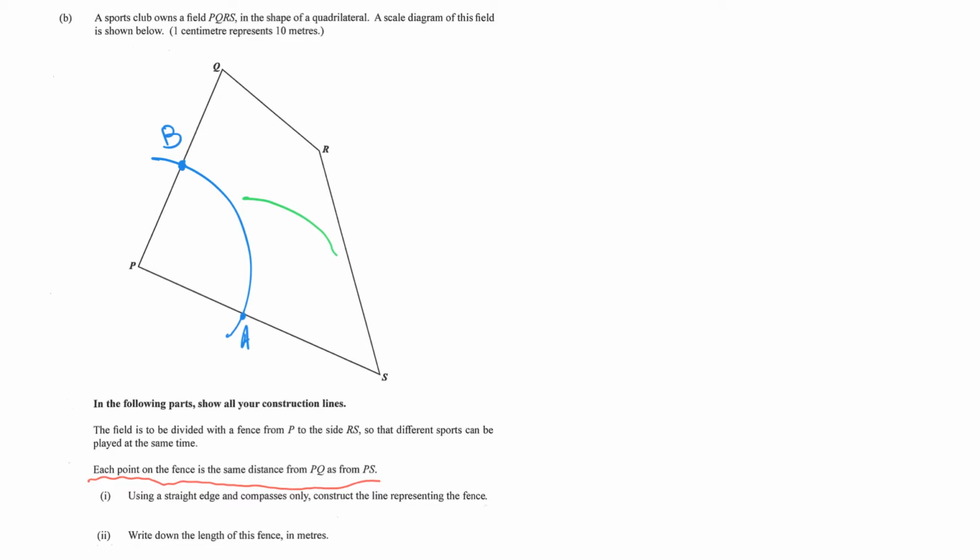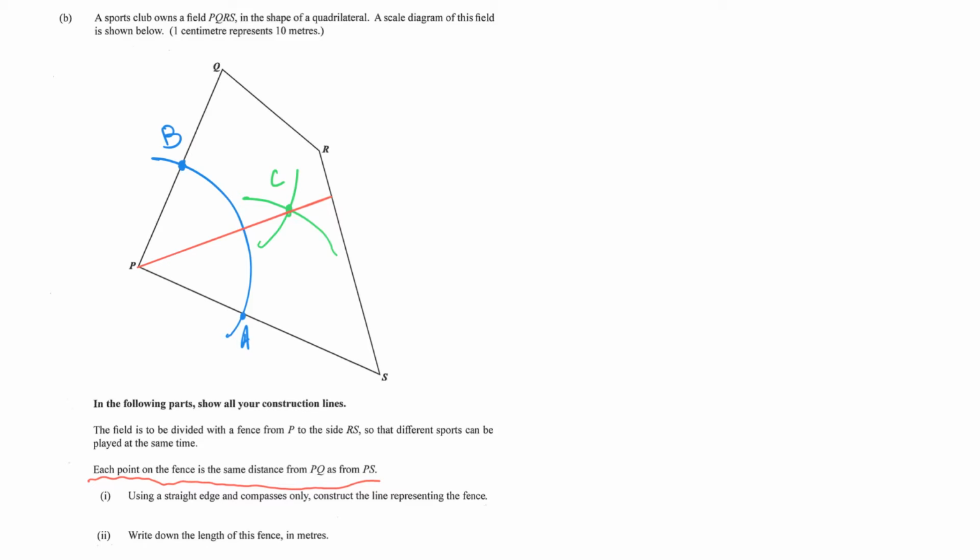Without changing the length in your compass, place the center at B and draw another arc near the middle. This new intersection point we'll label C. The line that we draw from P through C will bisect the angle at P. So that's the line that we're looking for in part 1.